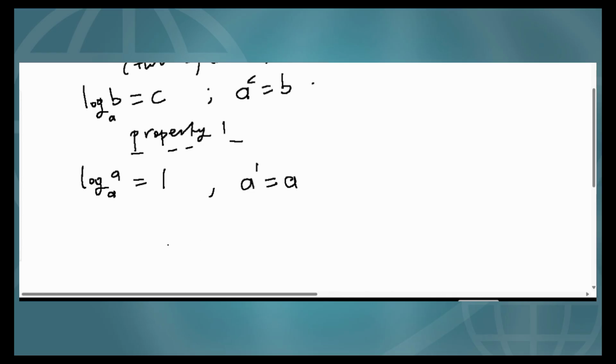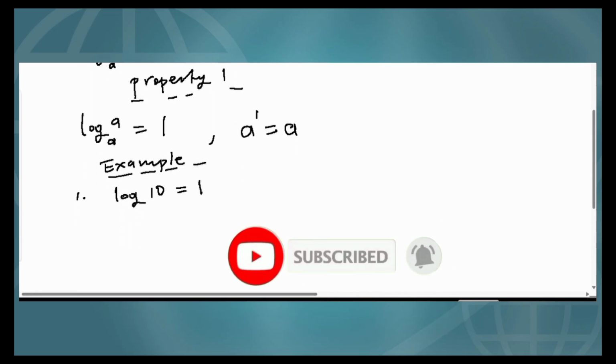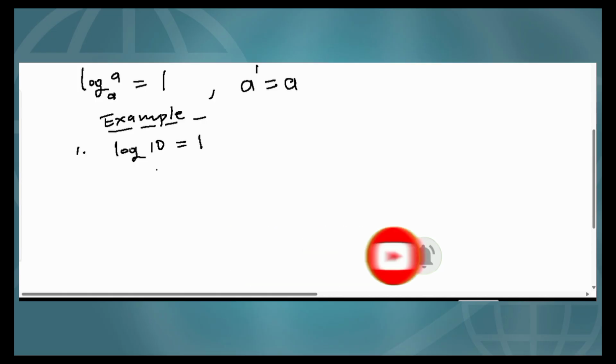Yeah. Now let us give an example to appreciate the concept. Let us assume that we have log 10. So log 10 is equal to 1, isn't it? I believe you understand why it's 1.